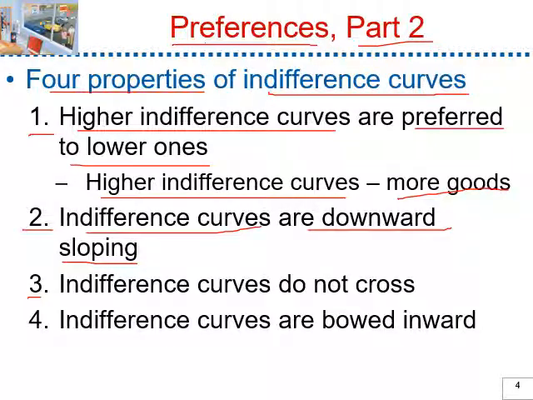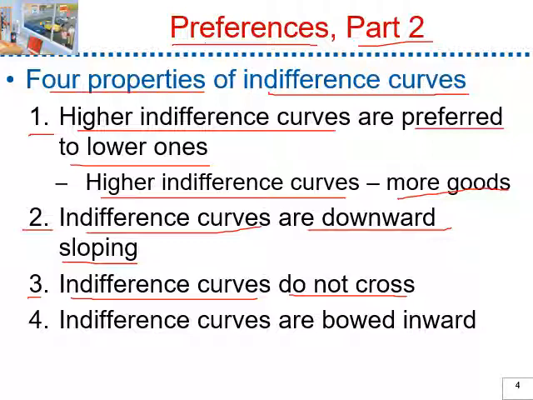Property number 3: indifference curves do not cross. To see why this is true, suppose that two indifference curves did cross, like we will see in figure 3 on the next slide. Because point A is on the same indifference curve as point B, the two points make the consumer equally happy.